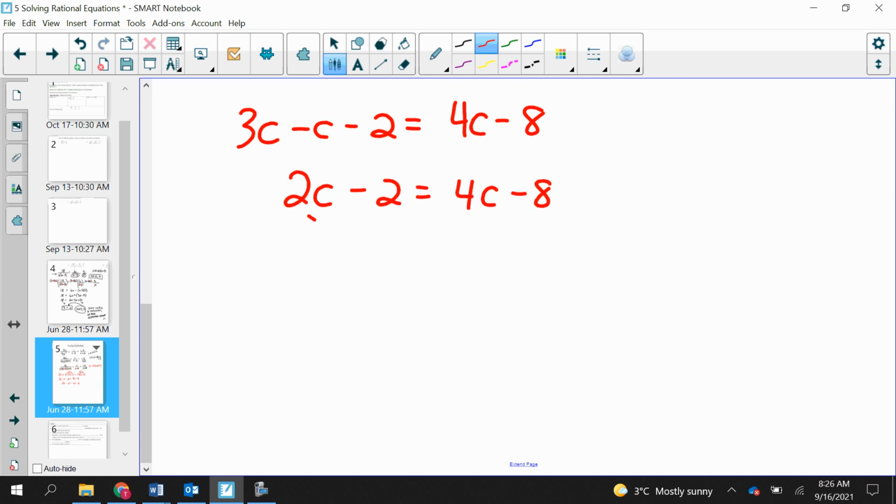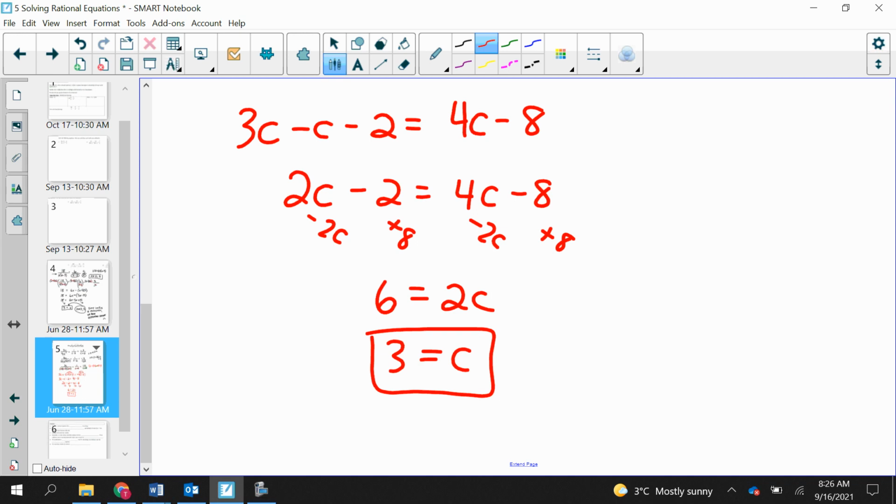So I'm going to subtract 2c from both sides, and I'm going to add 8 to both sides. Negative 2 plus 8 is positive 6. 4c, subtract 2c, it's going to be 2c. Now dividing both sides by 2, c is equal to 3.